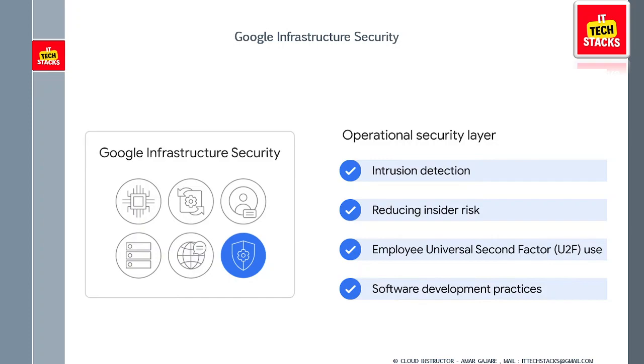Rules and machine intelligence give Google's operational security teams warning of possible incidents. There is an operational security layer that detects and sends a warning message to the security personnel that there is a possible intrusion.